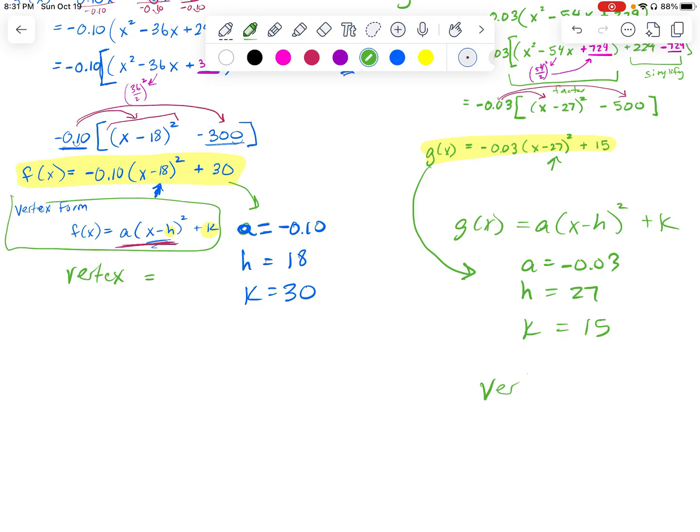That means my vertex, which is hk, is 27, 15 for g of x, and hk in the f of x function is 18, 30. So there's my vertices.